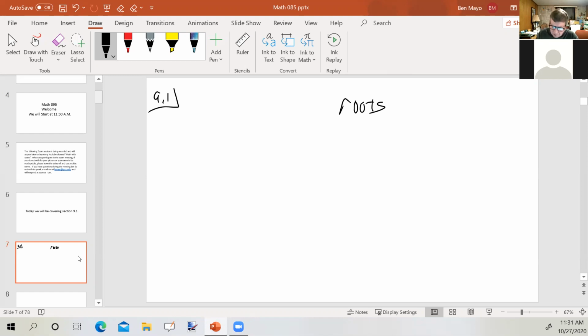Okay, so let's say I take the number 3 and I square it, I get the number 9. Now 9 is a perfect square. What are its roots? Where did it come from? It came from 3 being squared.